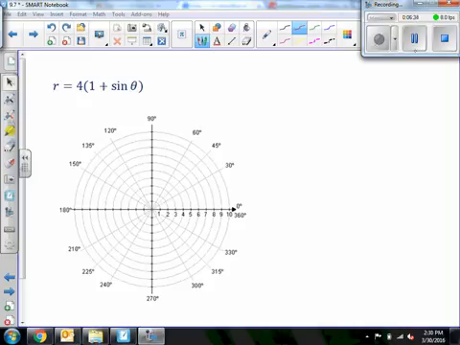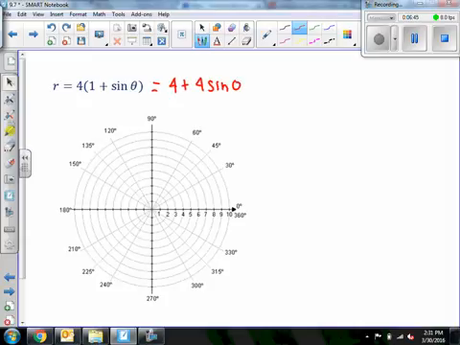So, what we have here is 4 times 1 plus sine of theta. That is equivalent to 4 plus 4 sine of theta. Make it a little easier to do the calculations. So we have theta, we're going to have 4 plus 4 sine of theta.